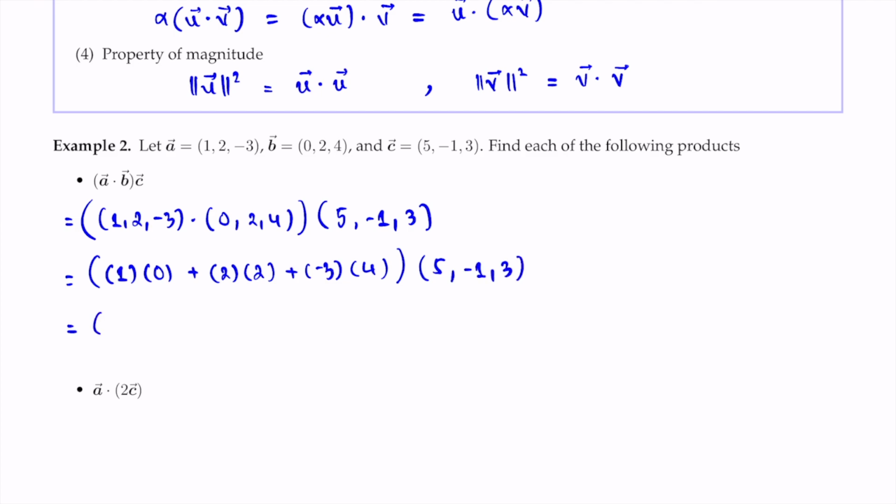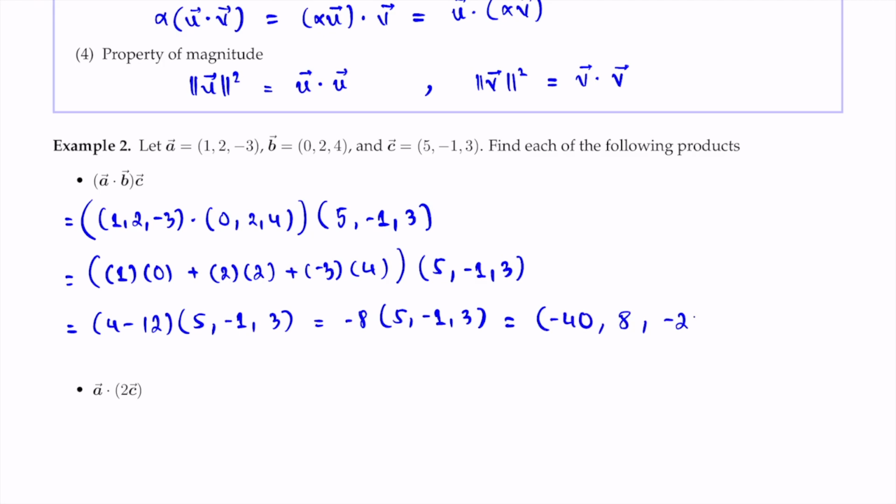So this gives you 4 minus 12 times 5, -1, 3, or -8 times 5, -1, 3. If you distribute -8 into every term inside the vector, we get -40, positive 8, -24.